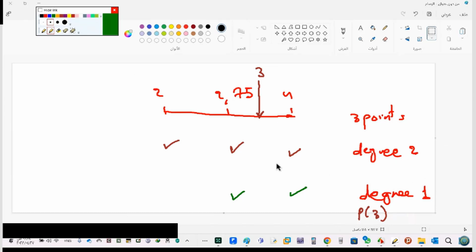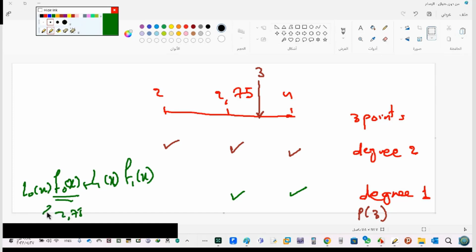So you can solve as degree number 1. You find for L0x, F0x plus L1x, F1x. L0 here it is L at 2.75, F for this, and F1 it is F at 4.